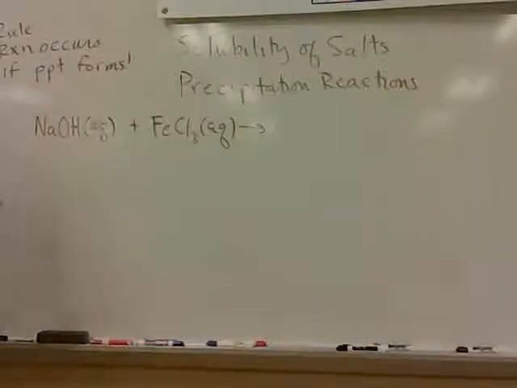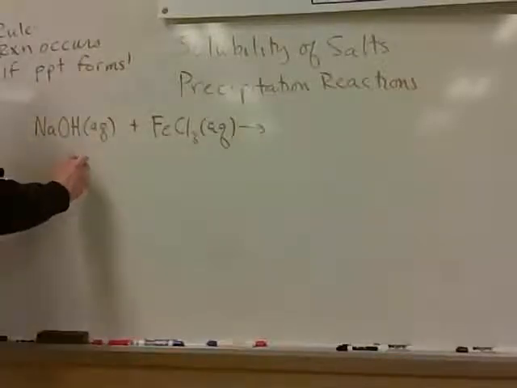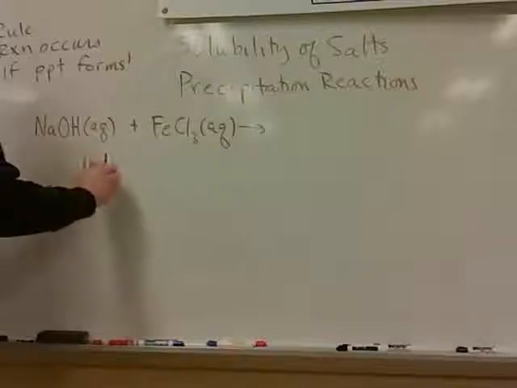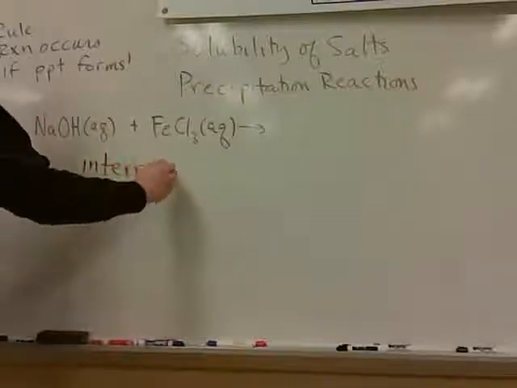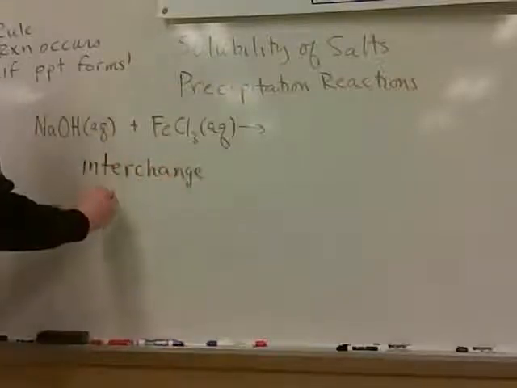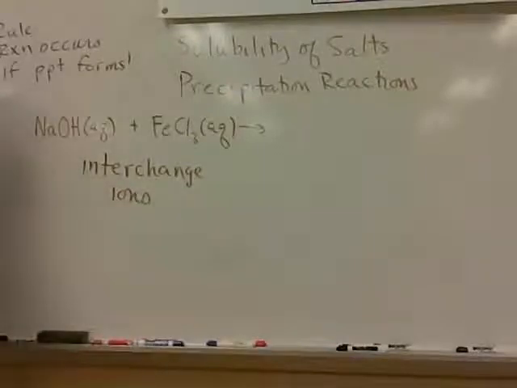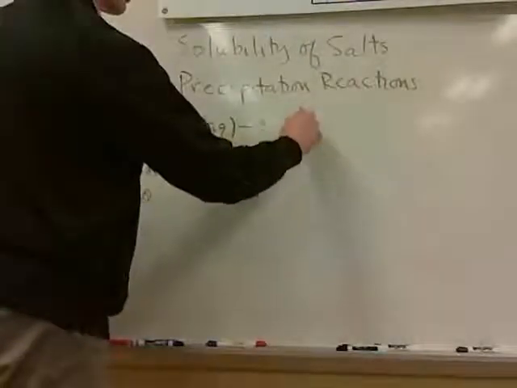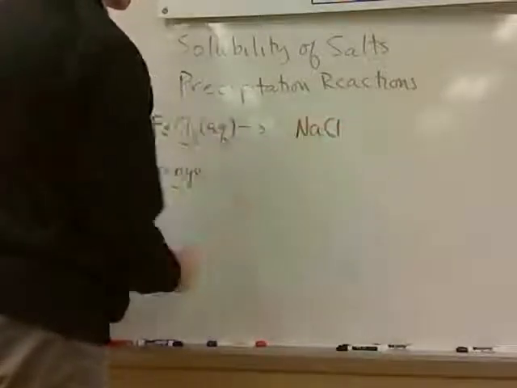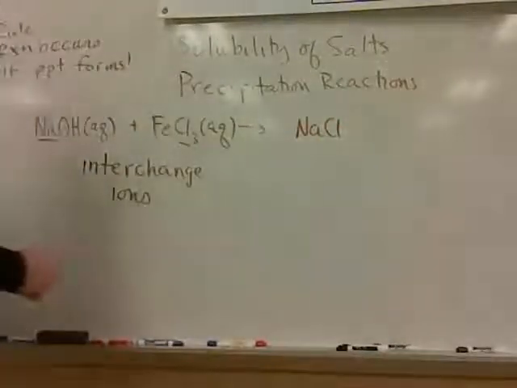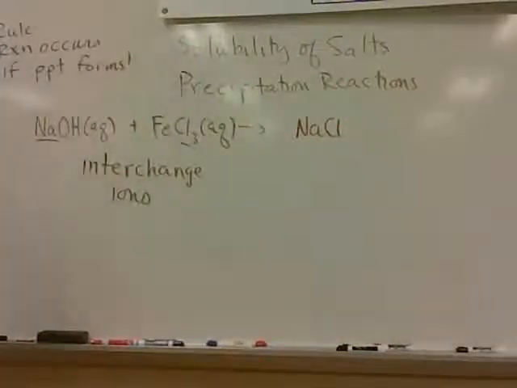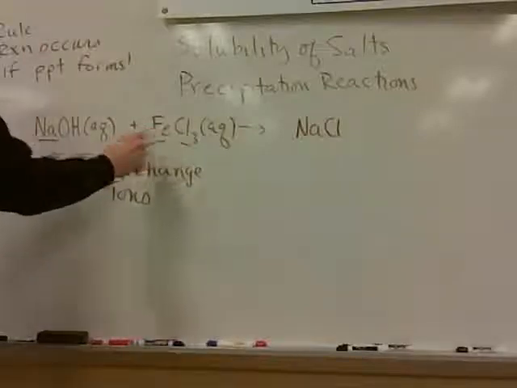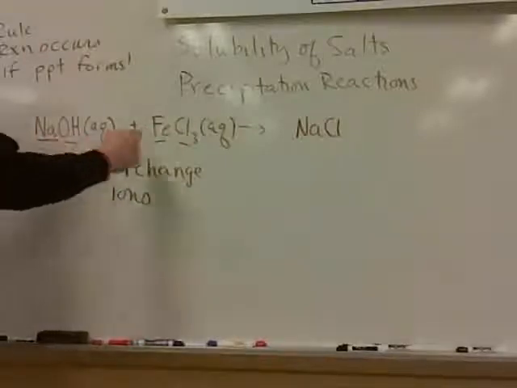What we're going to do, in drawing the products, is interchange the ions. Okay? So I'm going to combine the sodium with the chlorine. When I do that, I get sodium chloride, and then I will combine iron with hydroxide.